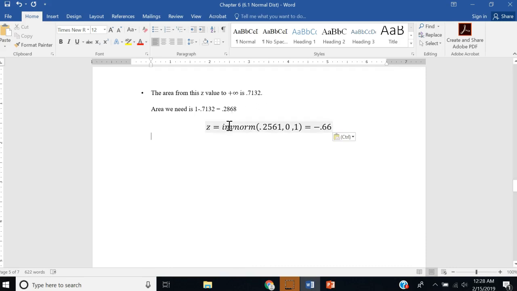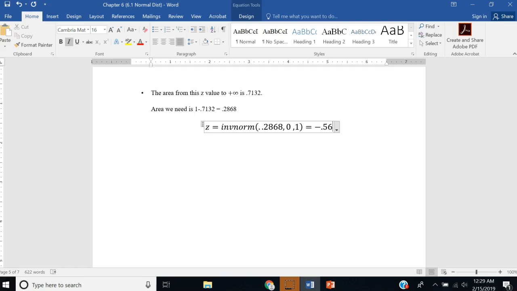And so when I go for the inverse norm, I'm going to type in 0.2868, comma 0, comma 1, and that gives me a negative 0.56 as the z value for which the area from that z value to positive infinity is 0.7132.